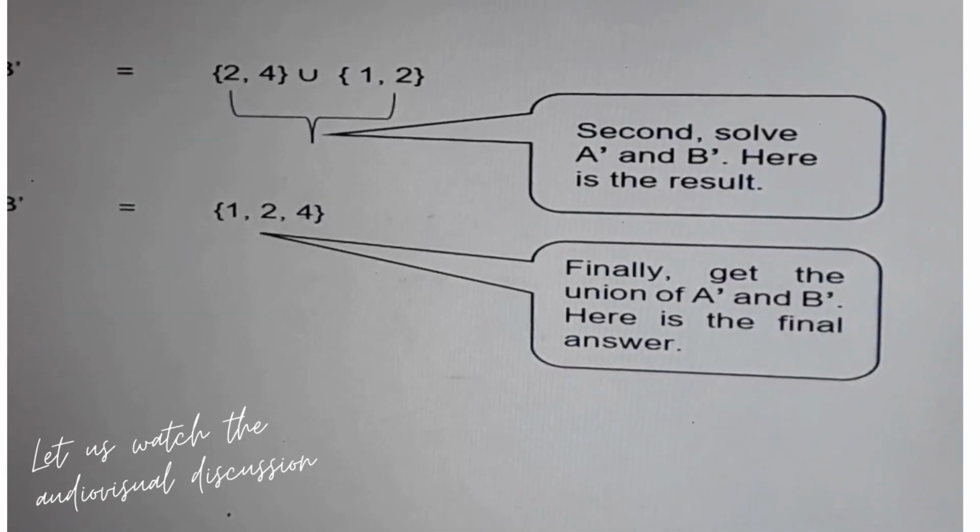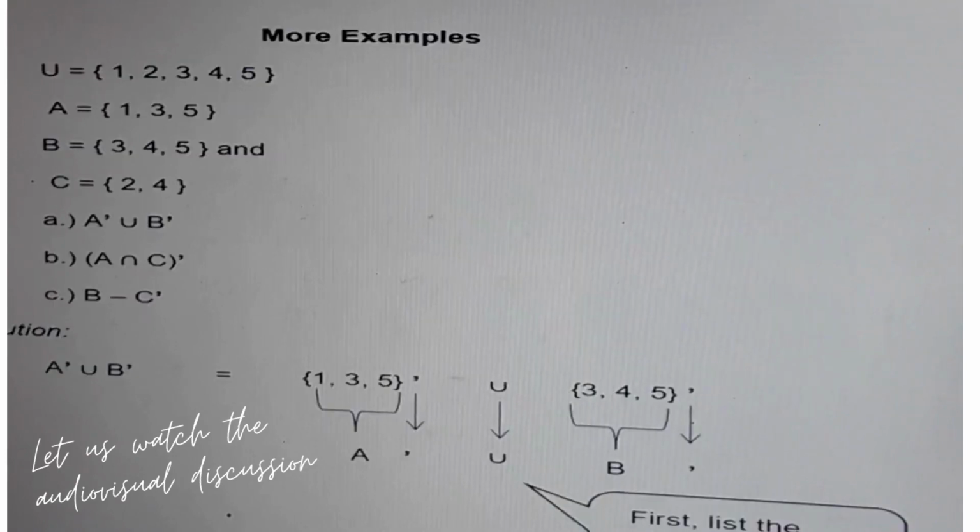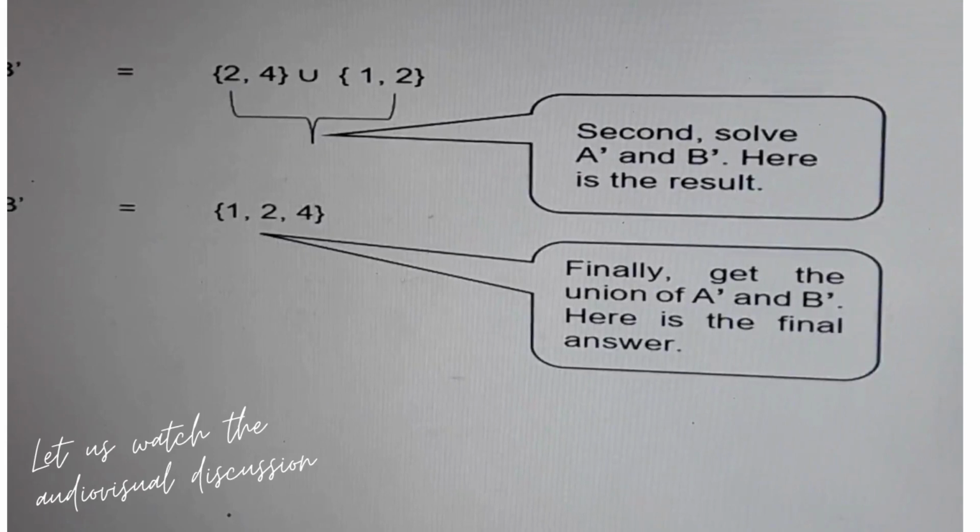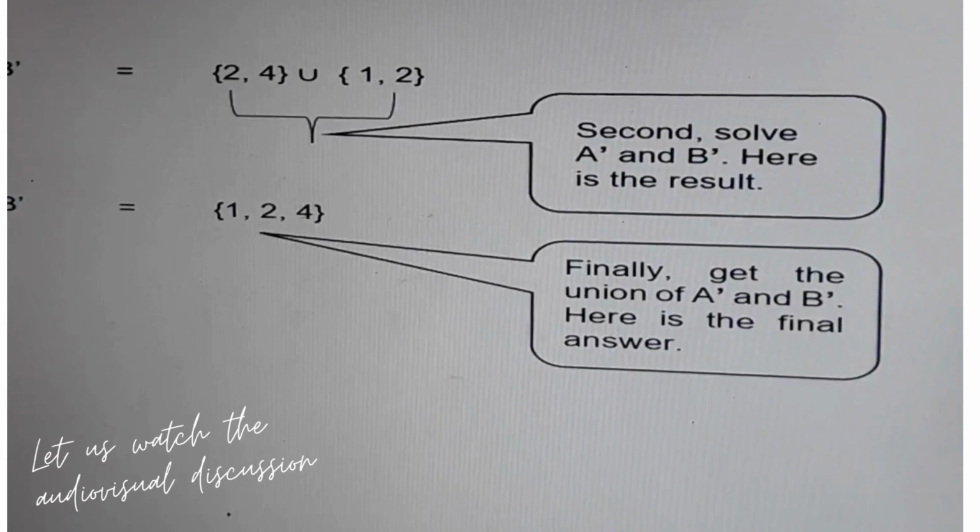The second step is identifying the complements, compared to the universal set. For A, these are the numbers 2 and 4, the numbers found in the universal set which are not in set A. With set B, it is 1 and 2.